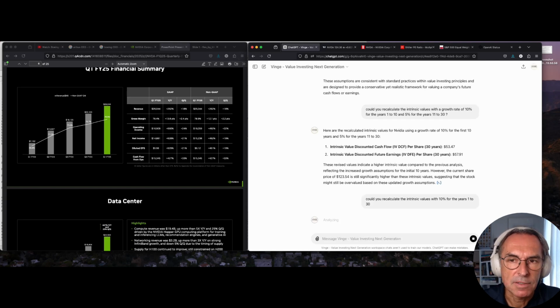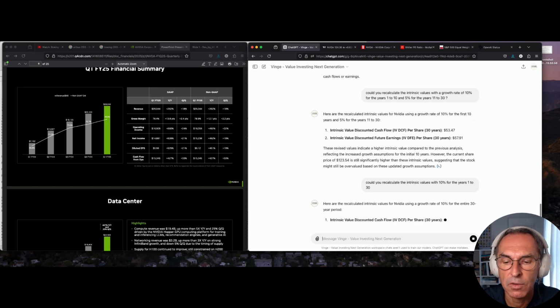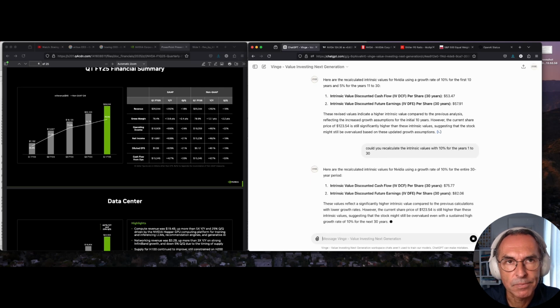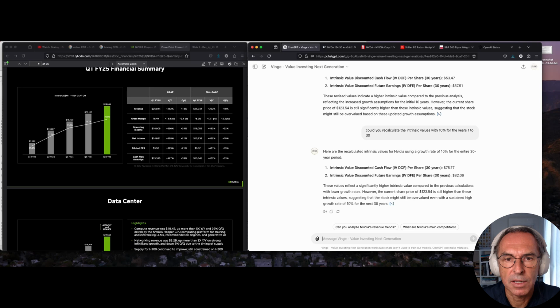As a value investor, I do not believe, and there has been no proof, and even in the past people were saying this about Amazon, but Amazon at a certain point in time declined as well, and that's typical in any corporate life cycle: a company cannot sustain a 10% growth rate for 30 years. So here I really took something that I feel cannot happen, a company that grows 10% every year, every quarter, for the next 30 years.